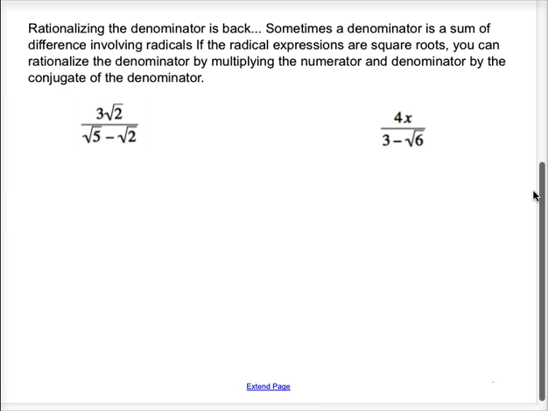So if I'm going to multiply top and bottom by the conjugate, I'm going to be multiplying by the plus version of this. Okay, so the conjugate is going to be the plus version. So that is what I multiply top and bottom by.